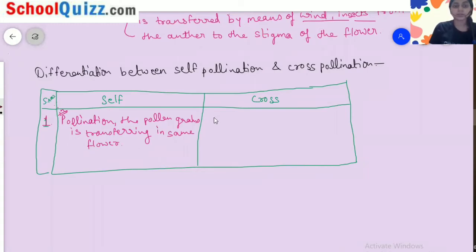Okay. And in the cross pollination, in self pollination, you can write here self pollination.